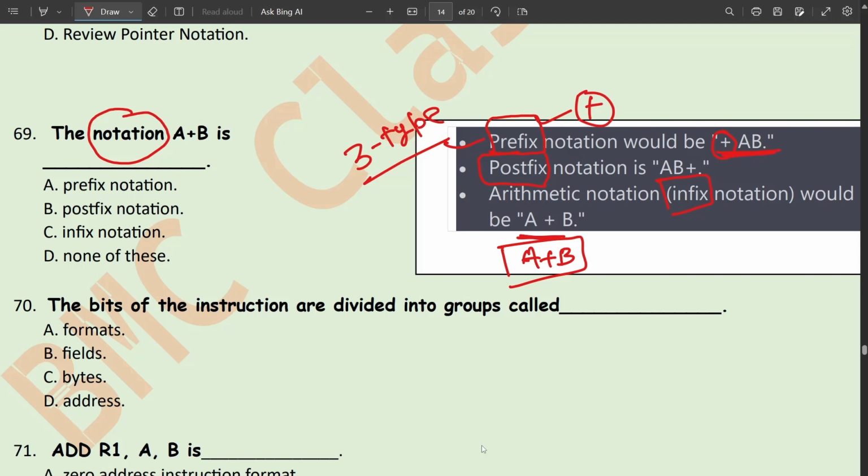And postfix, post means after, in the last you got operator, after the numbers and data. And in infix, simple value. So here A plus B, so this is infix notation.